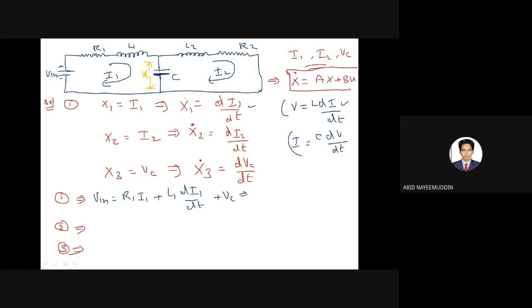So from this expression I can write di1 by dt is equal to Vin divided by L minus R1 by L into I1 minus 1 by L into Vc.